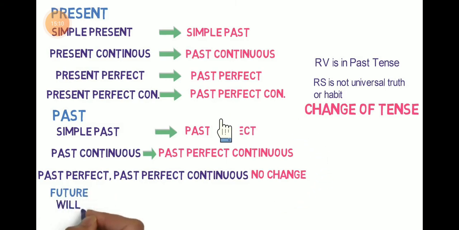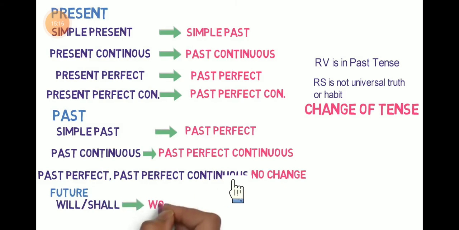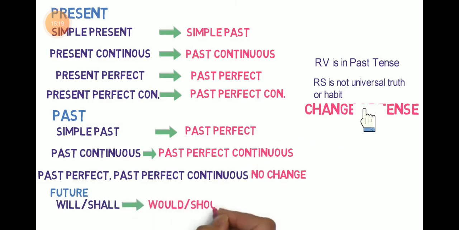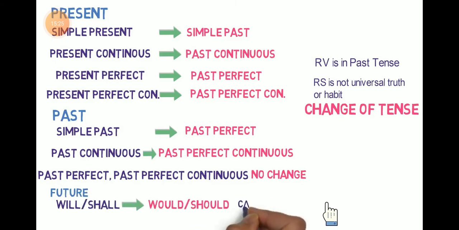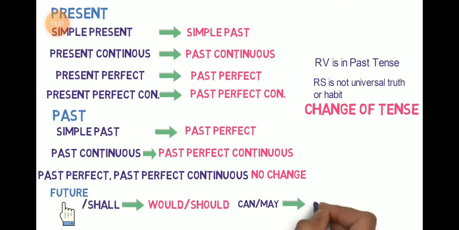Okay, if it comes to the matter of future, will and shall can be written as would or should, what we have discussed in the rules. Okay, this is what should be taken care of, because these are called modals, and modals are expectation, imagination, probability, some future expectation can be expressed by modals.